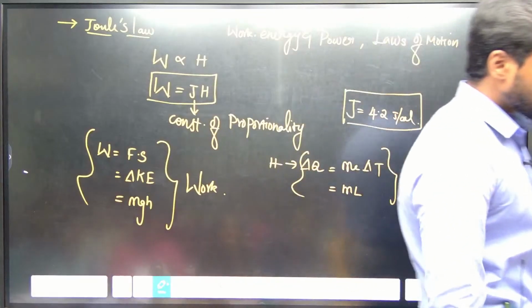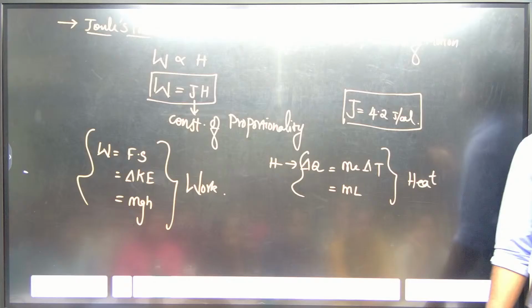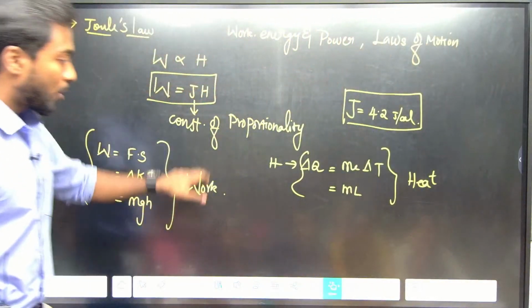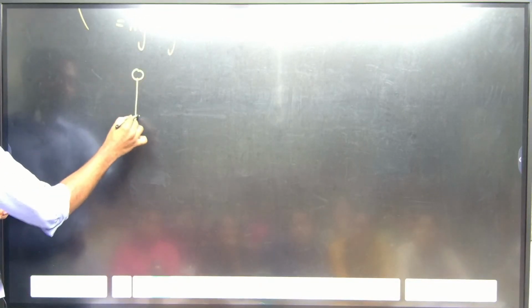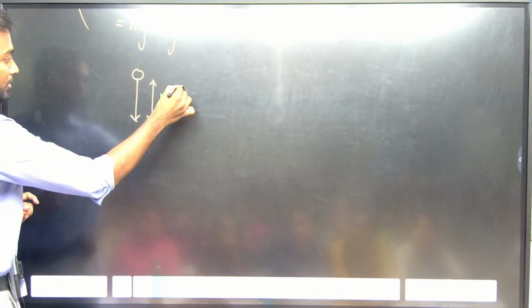Suppose a body is dropped from the height h, and they are asking how much is the change in temperature. Okay, a body is dropped from the height h, so height will be there and g will be there.